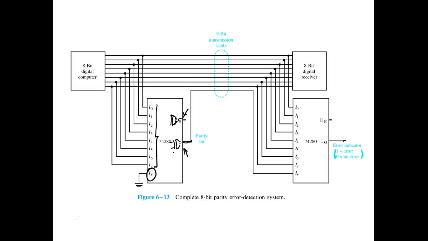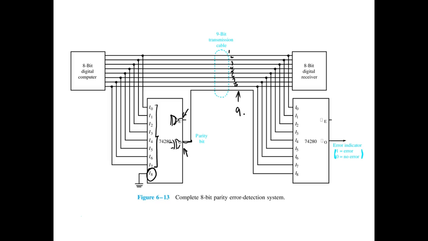So we're trying to transmit this data. And of course, we're transmitting the data on 1, 2, 3, 4, 5, 6, 7, 8 wires. And then we sacrifice this 9th wire for parity.